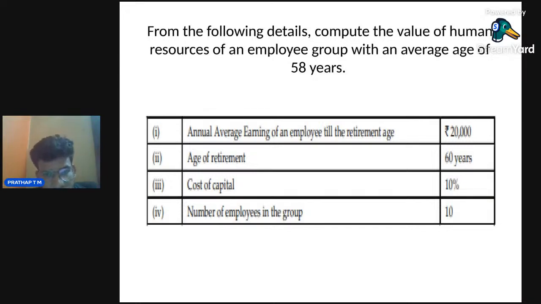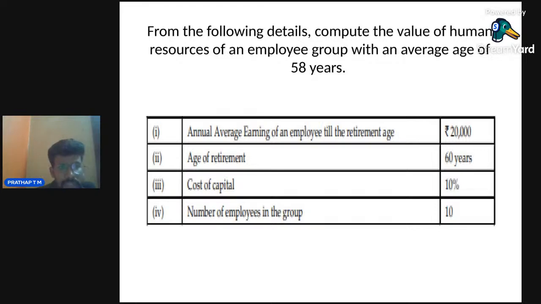We have 10 employees working in an organization, and they are regularly getting 60,000 annual salary for each employee for 10 years, that is 60, 60, 60, 60 for 10 years. If any person works in an organization for 10 years, he gets 60,000. So what you have to determine is the present value of 60,000.